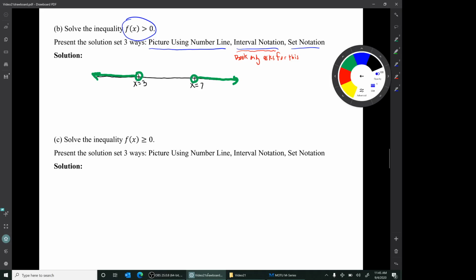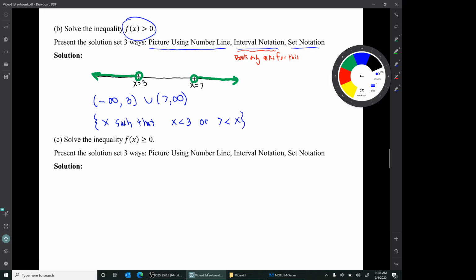Now, how do we present this solution set using interval notation? Well, we have seen this kind of thing before. This was in the prerequisite material and it was in a previous homework set. There is the interval notation for the same set. Now let's use set notation. The set of all x such that x is less than 3 or 7 is less than x.